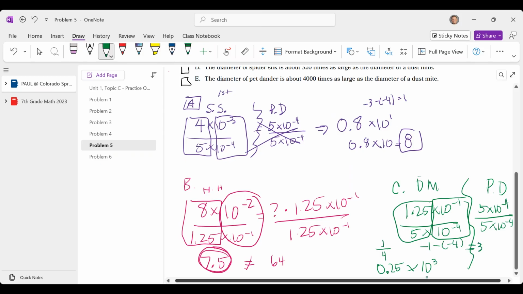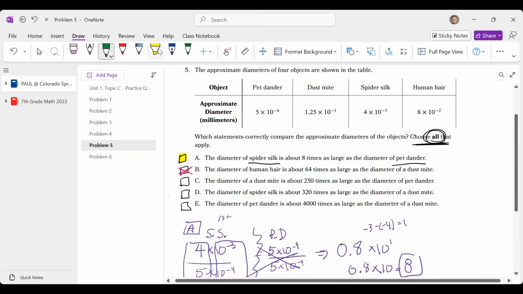This 10 to the third power tells me that 0.25 as a decimal needs to move 3 place values. When I do that 1, 2, 3 times, that means my solution is 250 times a difference, okay? Or 250 times in size. So that tells me that this letter C is going to be an option. We've got 250 times as our value.